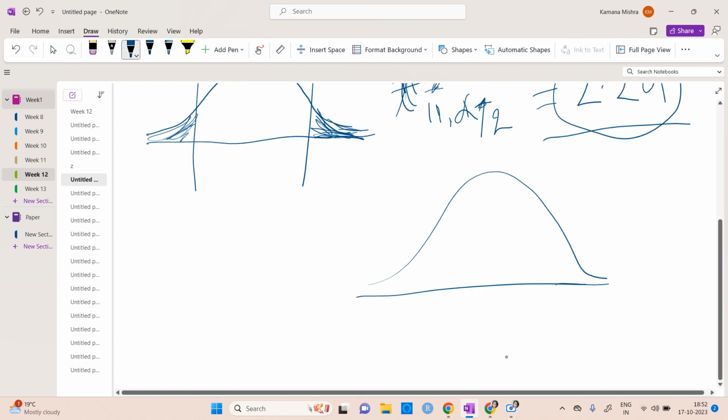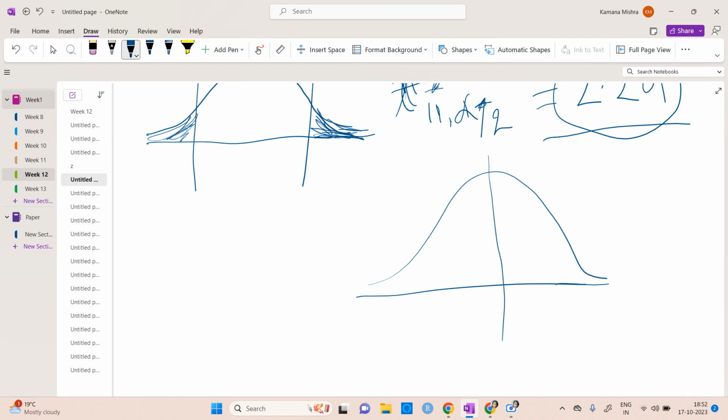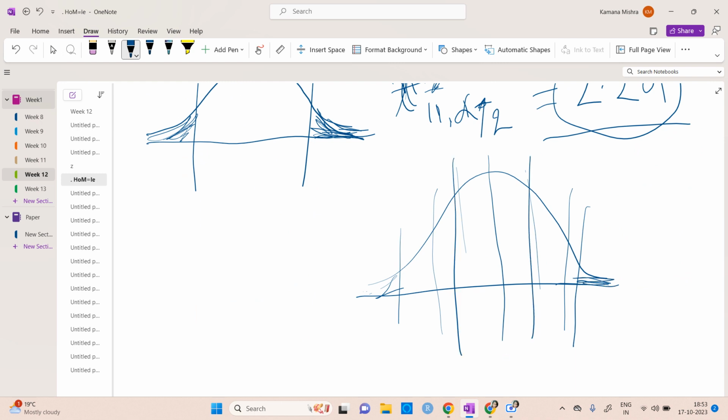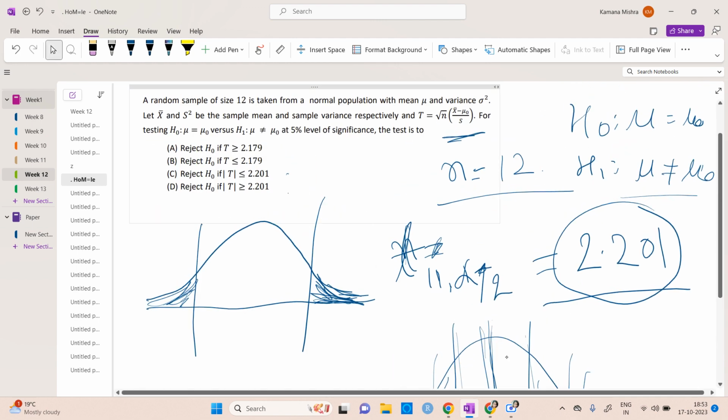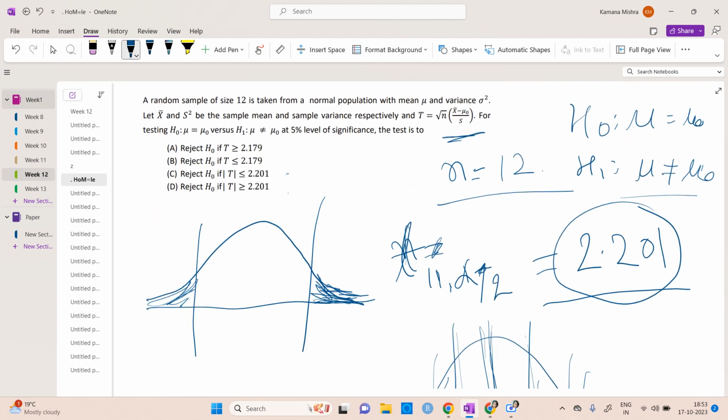You have this is your real mu, and now there would be some deviation, let's say this and this and this. So we reject if it comes under this. At this portion we are accepting, so we reject when it is here or here, right?